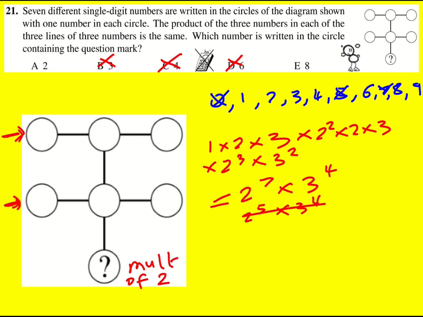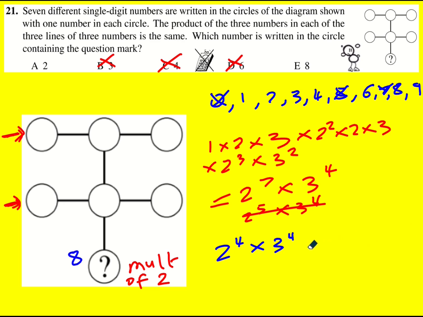So let's look at the 2 different cases. Let's say it's 8. Then the other 2 rows would multiply to 2 to the 4 times 3 to the 4. It's almost like the magic number. It's the product of the 3 numbers squared, actually.